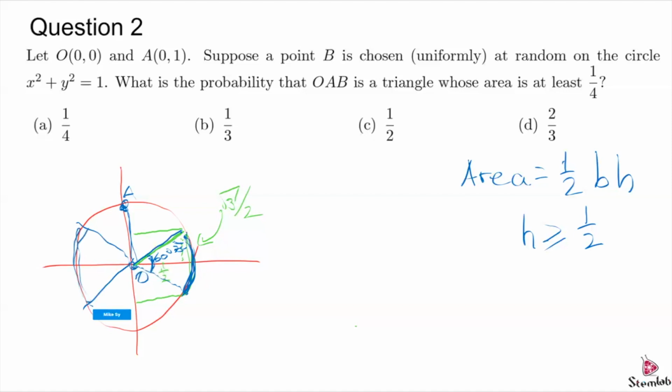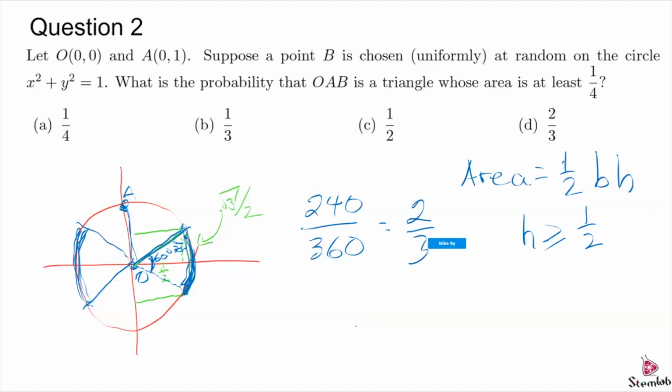So basically, the desired angle where we can choose from is 240 of the 360 degrees. Okay. So that means that there's a 2/3 chance of picking B such that the triangle will have an area of at least 1/4. So D, 2/3.